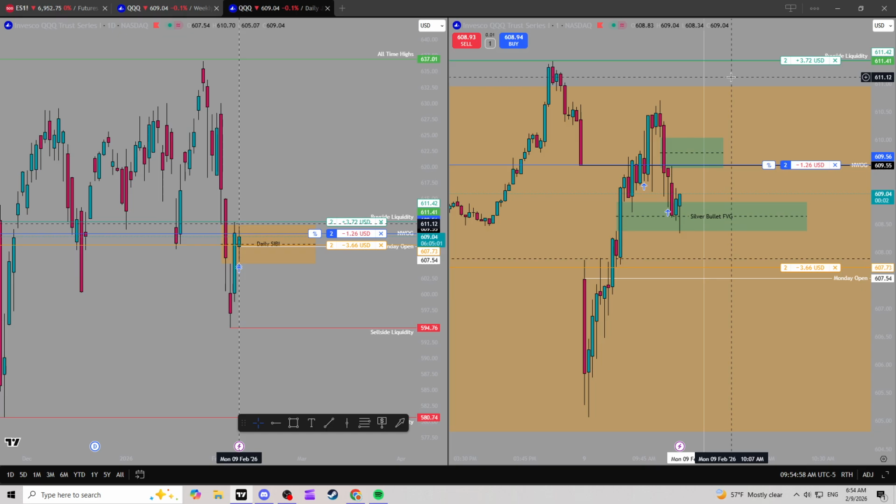We have about 5 minutes until 10 o'clock, and we want to see price above this black line right here. Or I guess now blue, but the new week opening gap, you want to see price close above there. This is a critical moment.